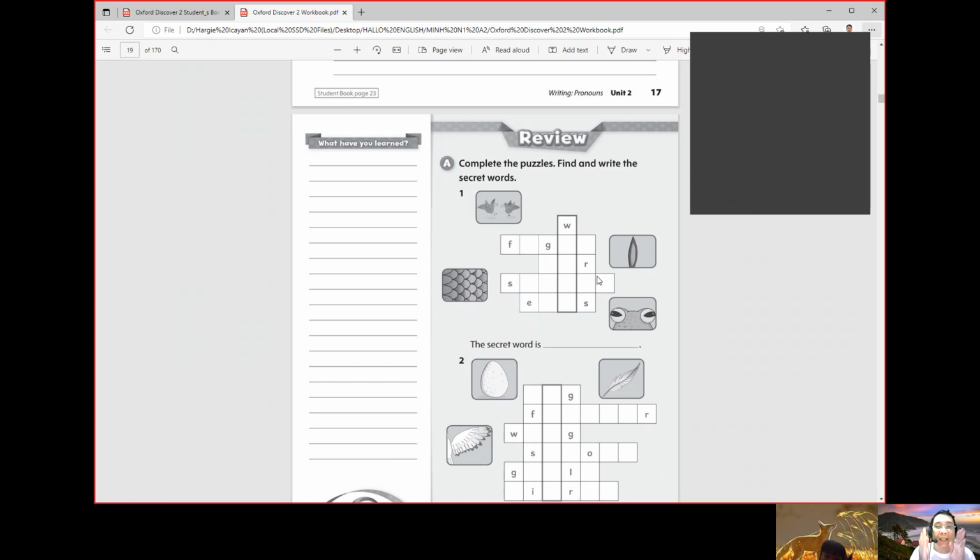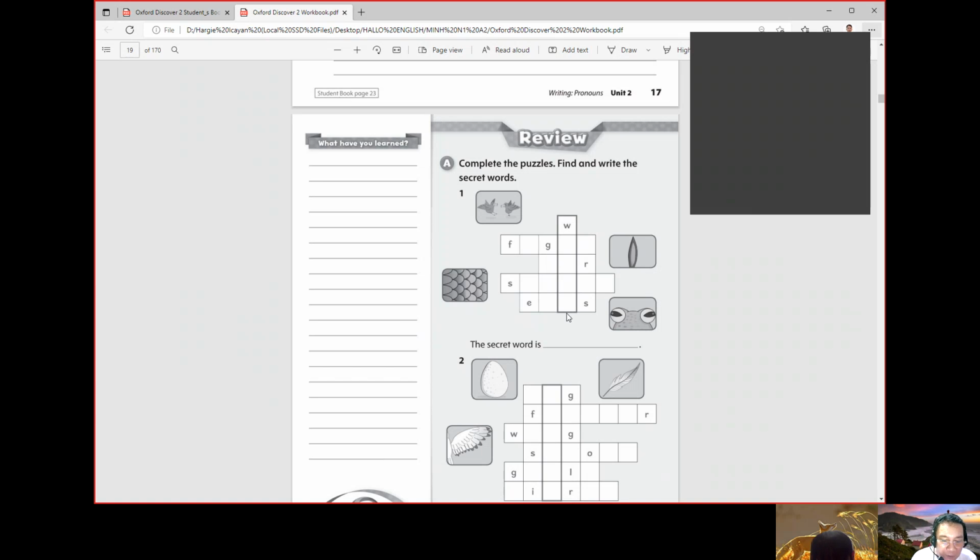Fight. Now, what is now the secret word? W, H, U, then L, and then Y.